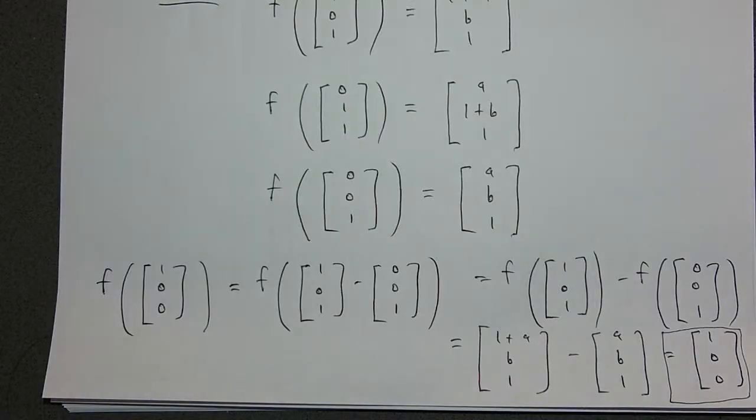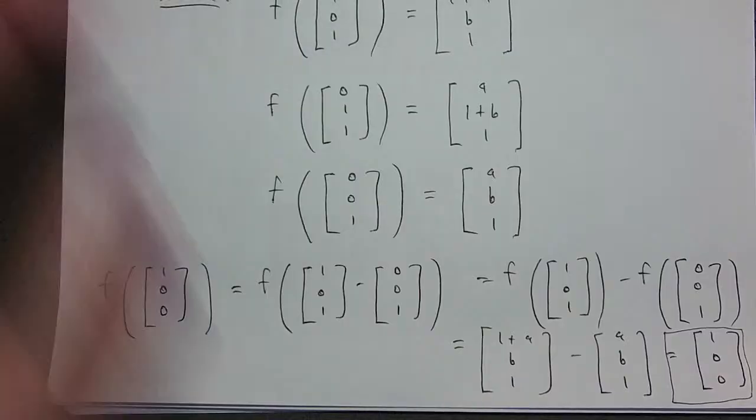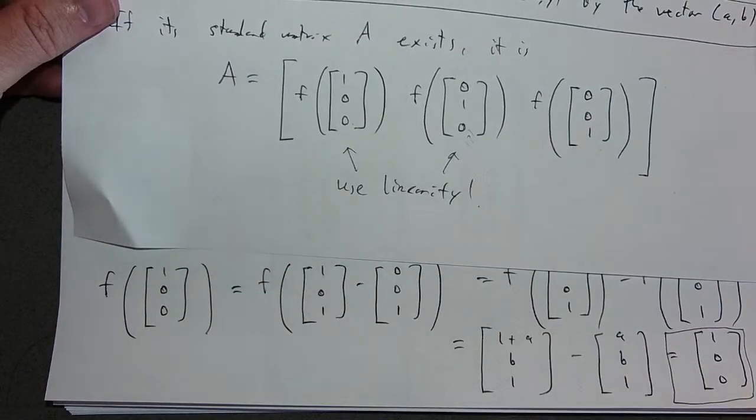So that's f of (1, 0, 0). It is (1, 0, 0). Let's figure out the second column of my matrix. F of (0, 1, 0).